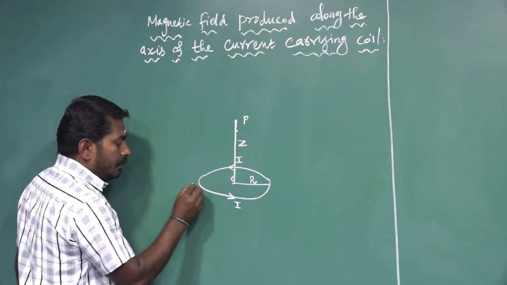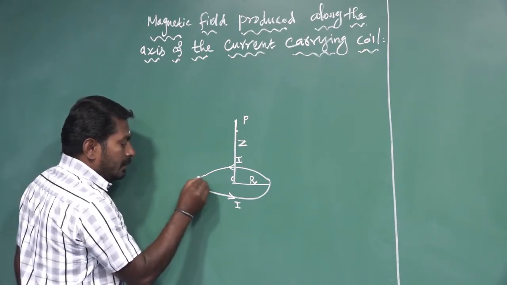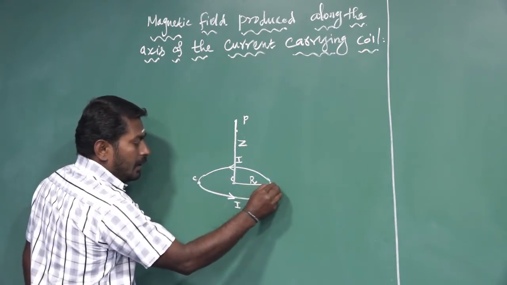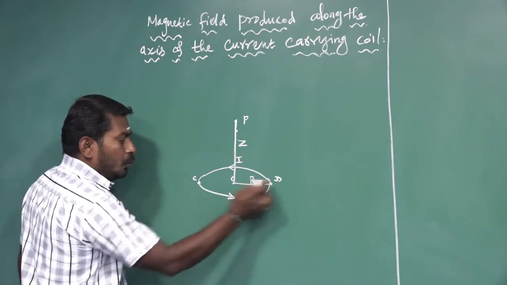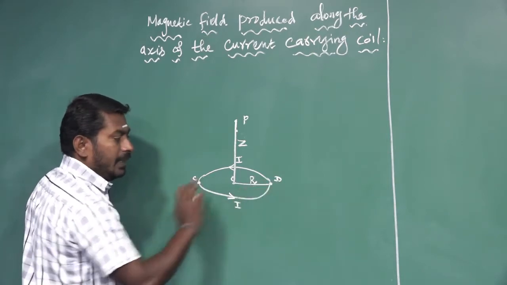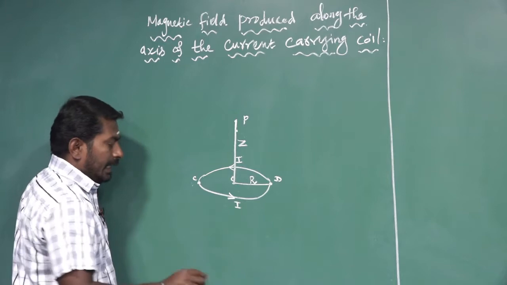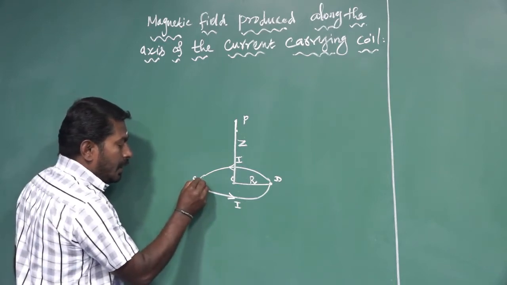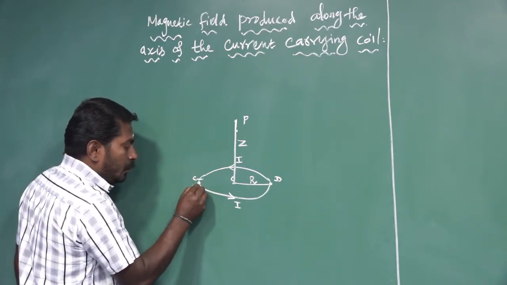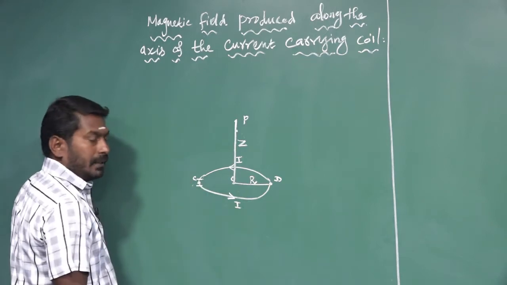Let me assume there are 2 points C and D. These 2 points are diametrically opposite points. Let me assume there are 2 small current elements.